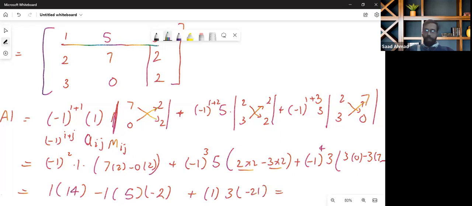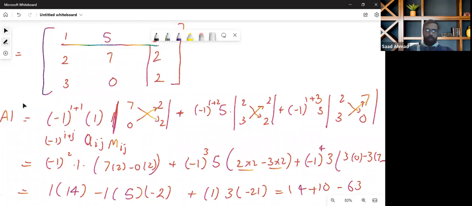You now just add them. So 14, and minus times minus is positive, that will be plus 10. And positive times minus is negative, so 3 times 21 is minus 63.